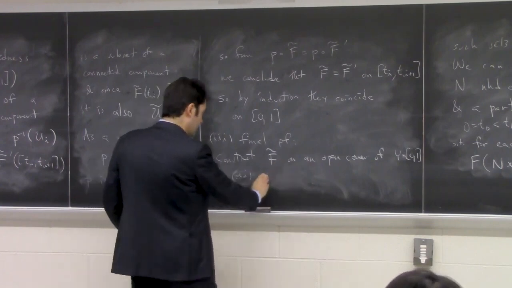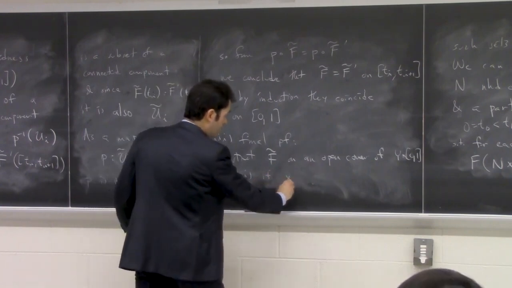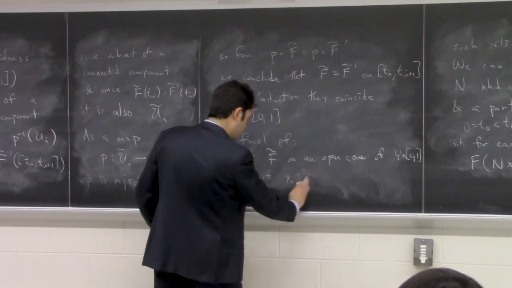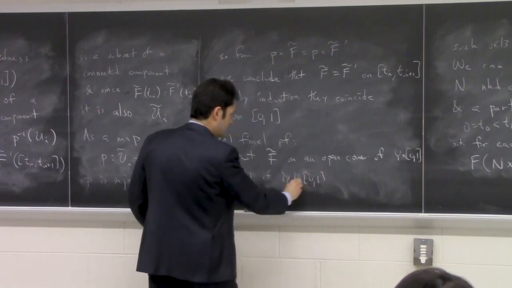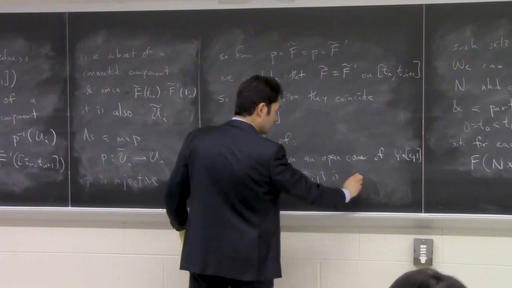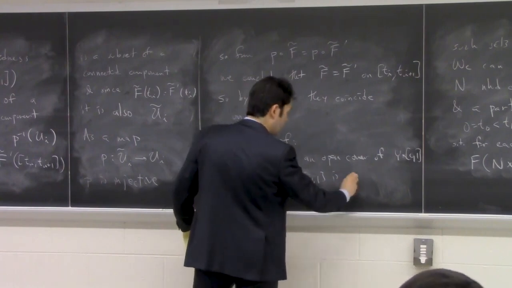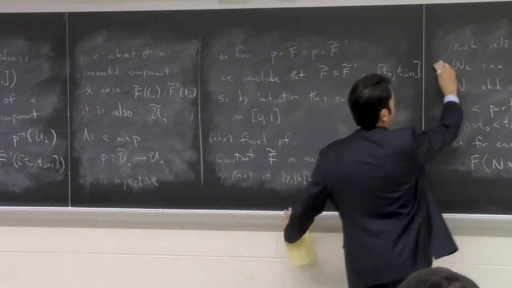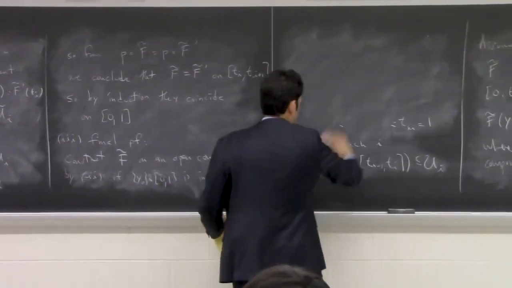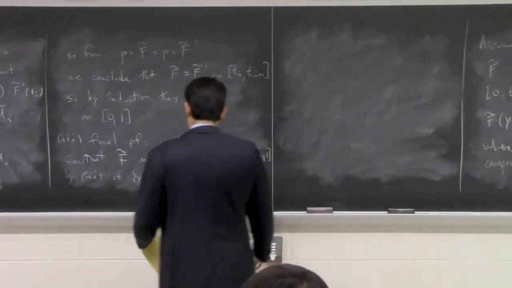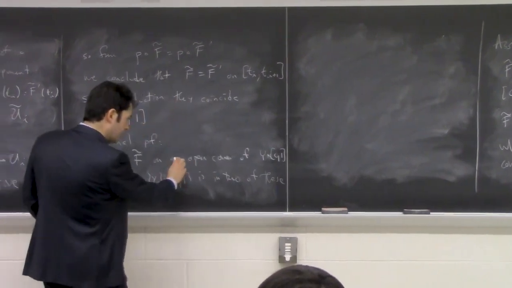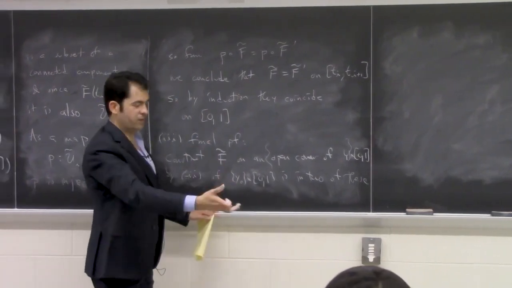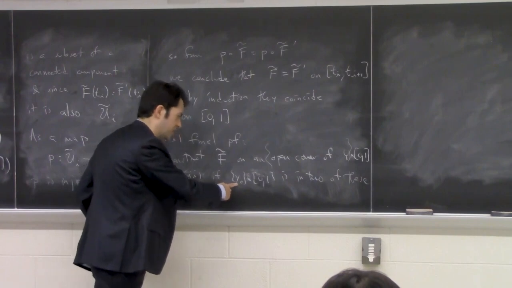if you have a y0 cross 0, 1 in two of these sets, I should say here, we have an open cover of y cross 0, 1. So for every open set in y, cross the interval, right? So that's why I'm looking at a single point in y cross the interval.